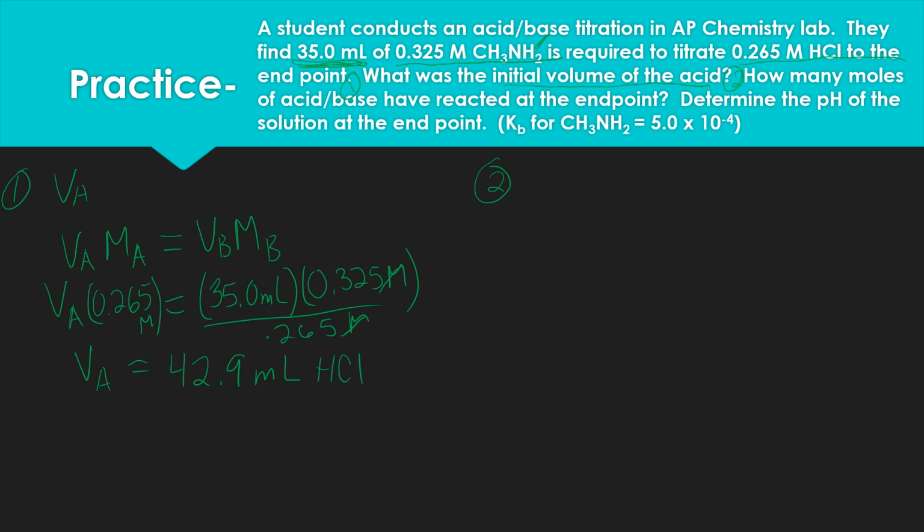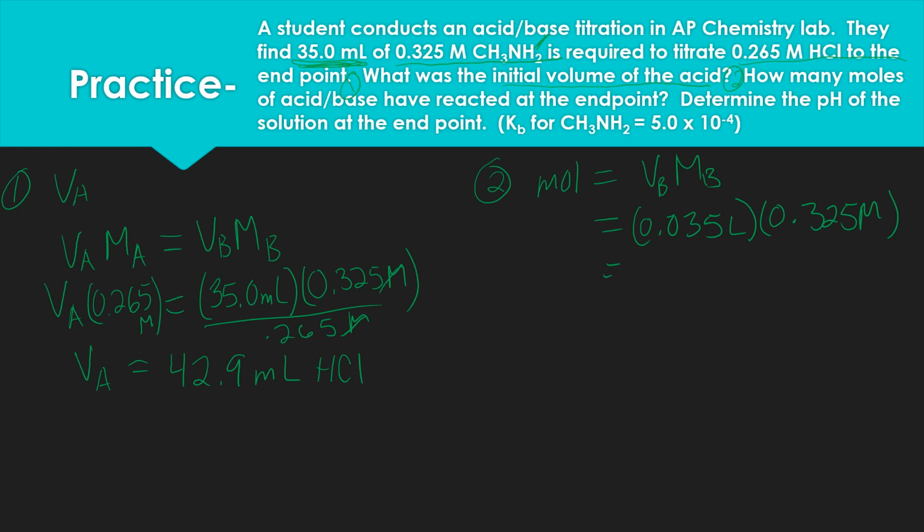So if I want moles, that is equal to my volume times my molarity. Let's do it for our base. So that would just be that 35.0, and we do need to put this one in liters, so 0.035 liters, because liters times molarity gives us moles.